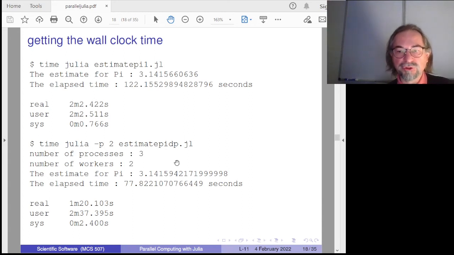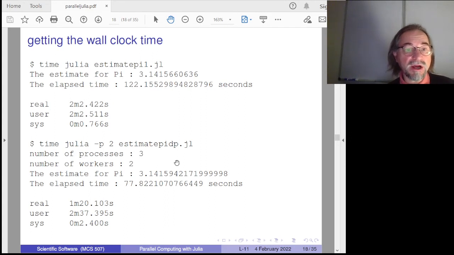Here is the distributed version with 2 worker processes, so the total number of processes is 3. I hope that I can make this run twice as fast. I have 3 processes, but even if you had only 2 cores on your computer, it would still be worthwhile, because the main process that forked the 2 workers will be sleeping, and your 2-core computer will be busy running those 2 worker processes.